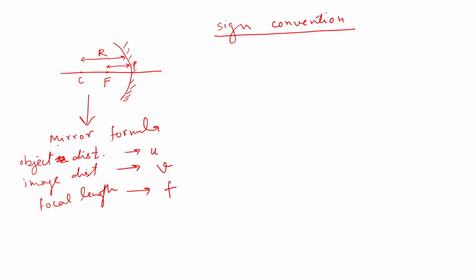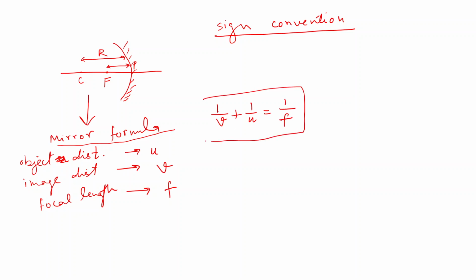So for both concave mirror and convex mirror, the mirror formula is 1 over v plus 1 over u is equal to 1 over f. This is how the image distance, object distance and the focal length are related.